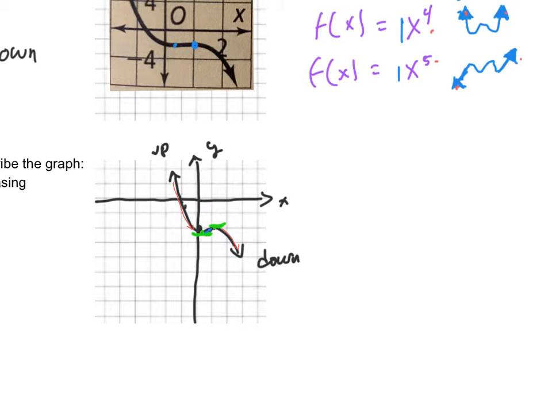Therefore, my function is decreasing from negative infinity to 1/3, to this point right here, and again from 1 to positive infinity, and then it is increasing from this 1/3 value right here up to 1, and that would be my increasing and decreasing intervals.